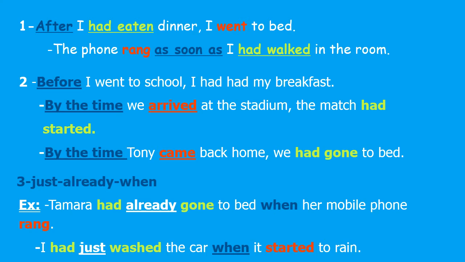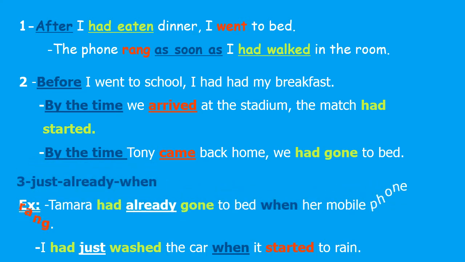Number 3 here, I want to tell you that we can sometimes use the word just and already with the past perfect. For example, you know that we use the word already between has or have and the past participle in the present perfect.